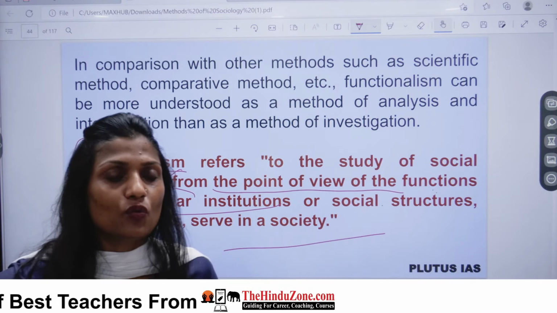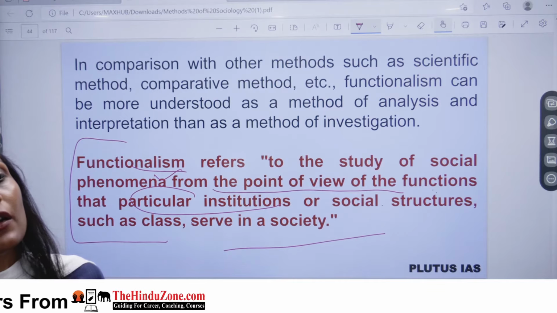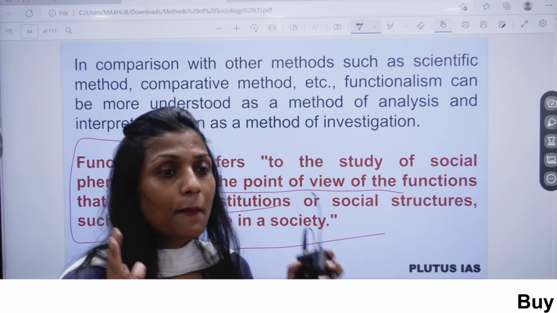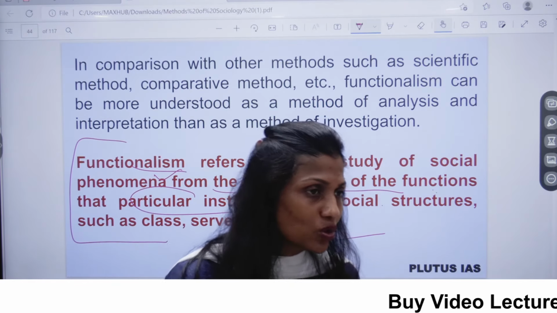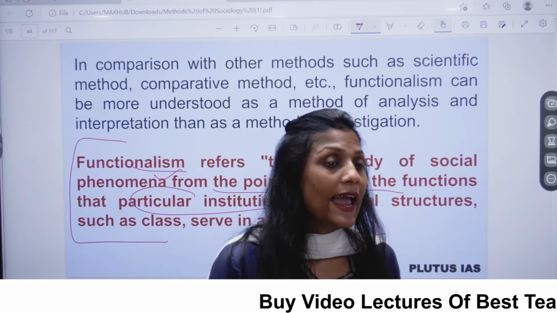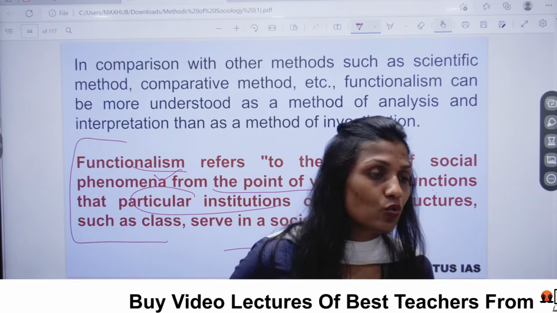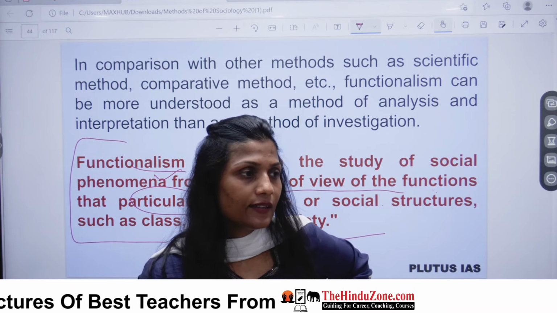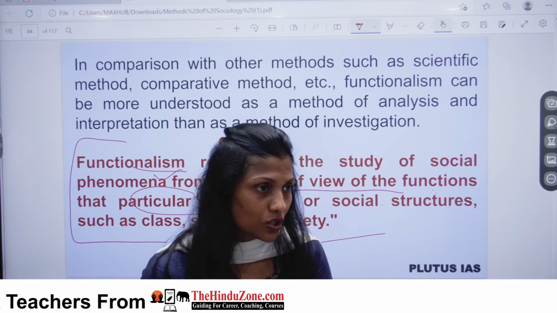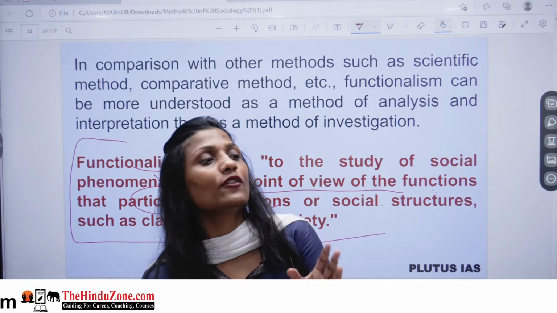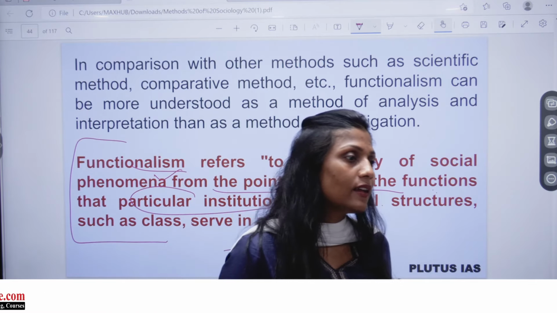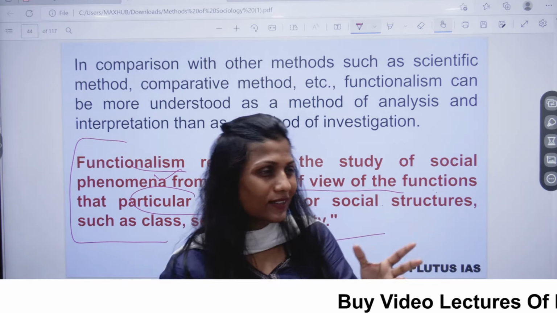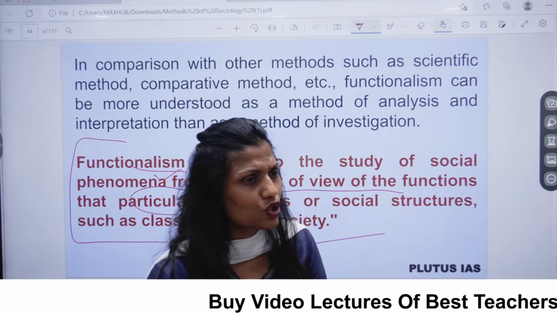So what is the functionalist method? It emerges from the concept of functionalism, in which we believe that society is made up of different social institutions, different parts, and every part has a specific function to play. For example, a political institution is a social institution which plays a great role in social control, in combating different social issues.